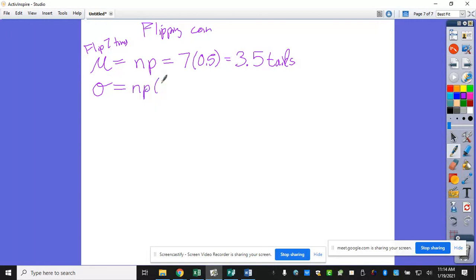N times P times 1 minus P, square root of that, because I want standard deviation. So the square root of 7 times 0.5 times 0.5. I type that in, what do I get?